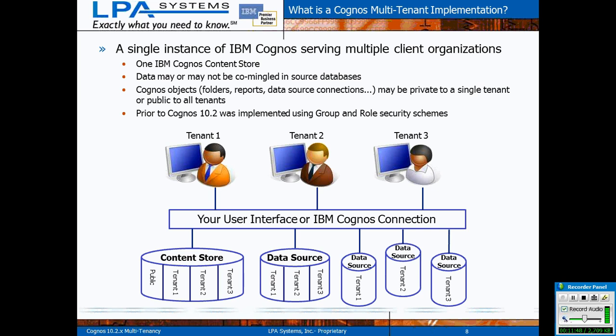Now, from a data sourcing perspective, you may have a data source per tenant, or you might have commingled data. That's actually independent of the tenant security and the IBM Cognos connection part. The multi-tenancy, the tenant ID notion, is a property on every object in the Cognos connection.